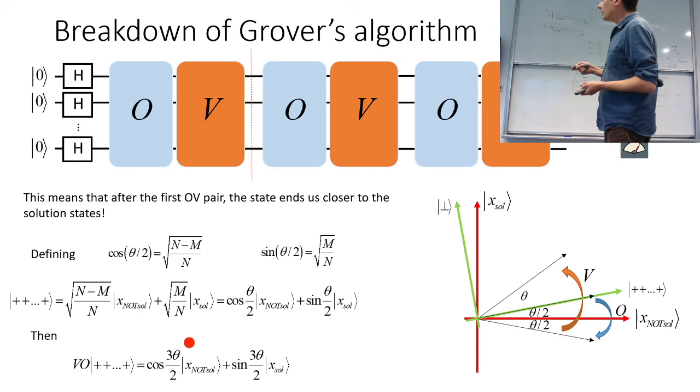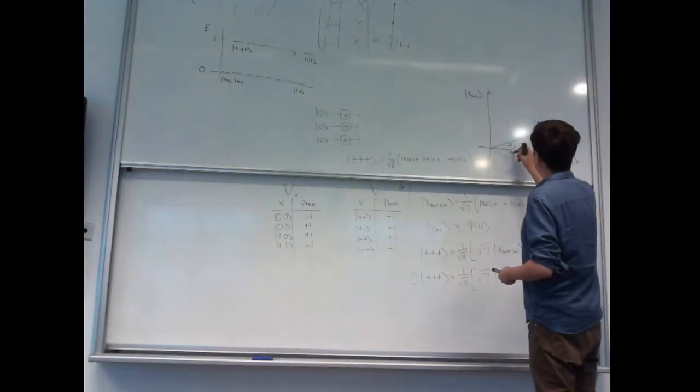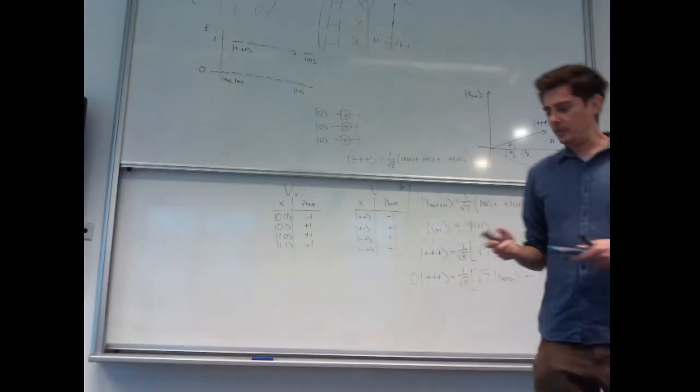Okay, so regarding these equations here, this is just a definition of what this angle is. In this particular example, just look at this triangle: whatever that angle is, that's what theta is, or rather this is theta on 2.